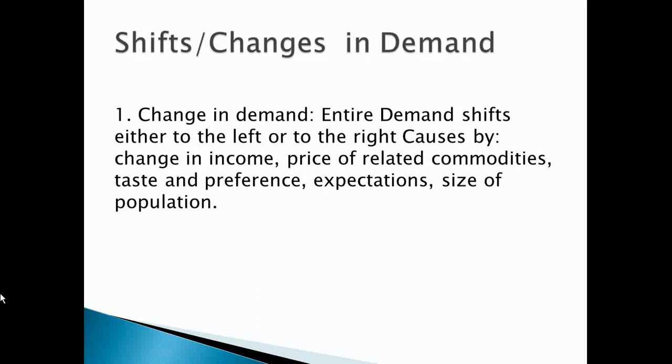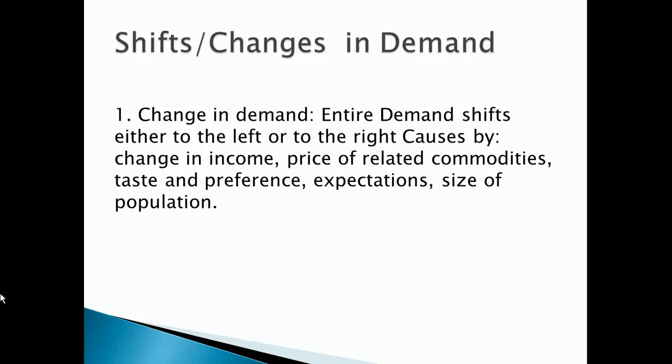One can be change in income. For example, student allowance. If student allowance increases from 1,000 to 5,000, definitely what a student will purchase will increase, either the quantity or the quality, irrespective of the ruling price. So that can lead to an outward shift of the demand curve.